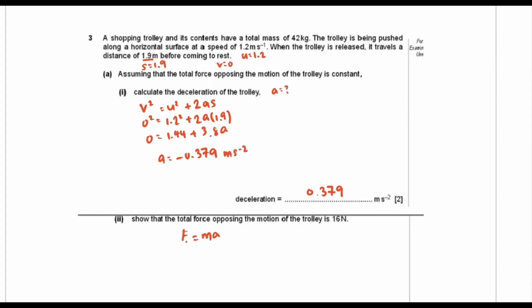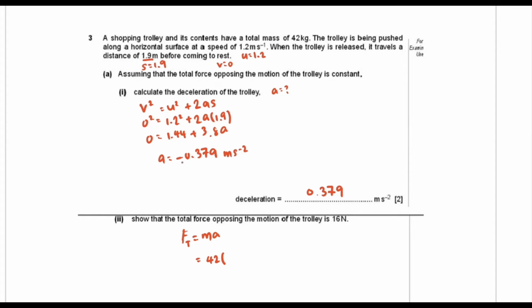I put a T there to represent total. So total force, we don't know. We know the mass, 42 kg. Then we have the deceleration, 0.379.